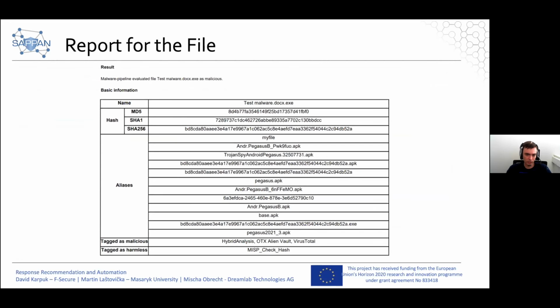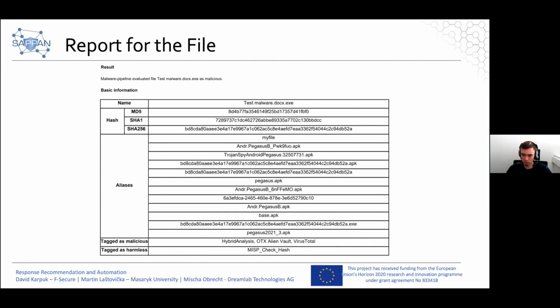At first, there are the results of analysis about the file sample itself. So its name, hashes, its other file name variants as seen by the tools, and the results whether the sample is malicious or harmless by the third-party tools.